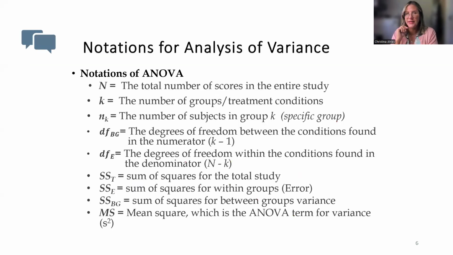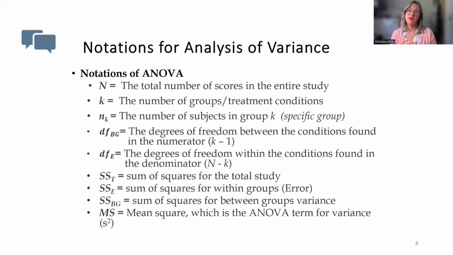So, like I said, you're going to learn a lot of new notations for analysis of variance. This is a good time for you, if you have not embraced index cards or some way of memorizing the notations and what they're for, to do so.